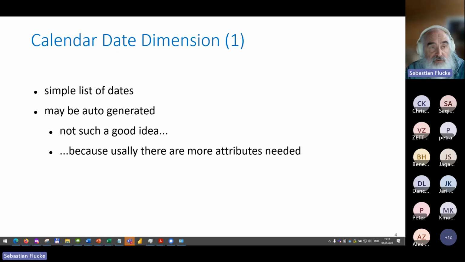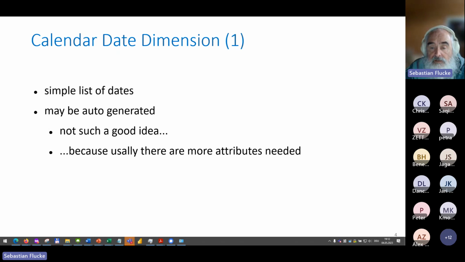There's also a feature in Power BI, I guess. All such auto-generated stuff is in most cases not such a good idea, because usually we need more attributes than the generated dimensions hold.